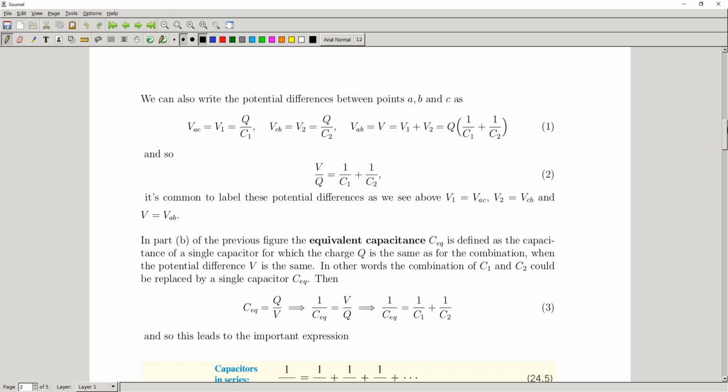We want to find the equivalent capacitance, CEQ. CEQ can be defined as the capacitance of a single capacitor which has this charge Q, the same as the combination of all these other capacitors, when the potential difference V is the same.